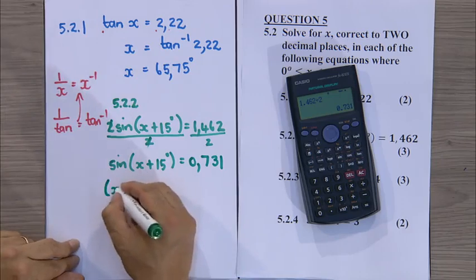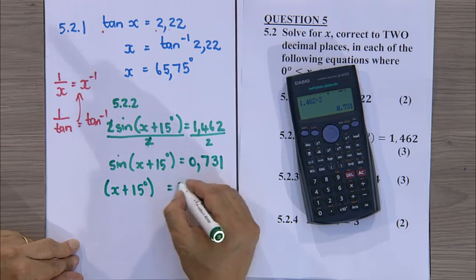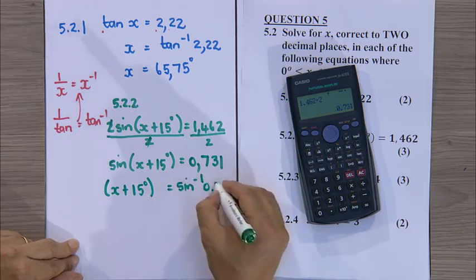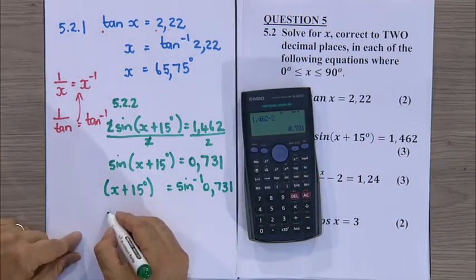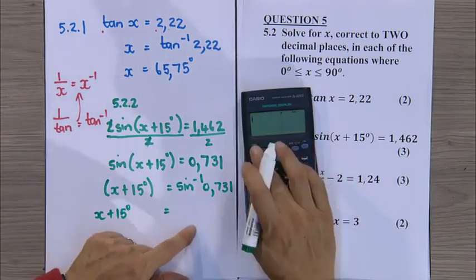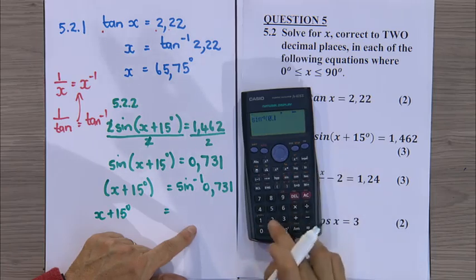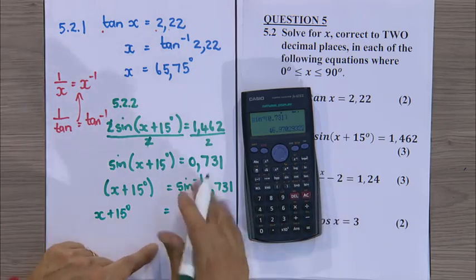So I keep the x plus 15 degrees, and that's going to give me sine to the power minus 1 of 0.731. Right? You can go to the calculator. So x plus 15 degrees equals, let's see, shift sine of 0.731.